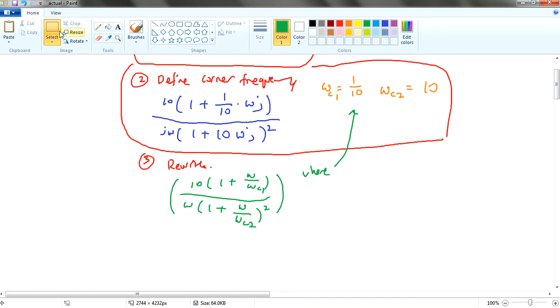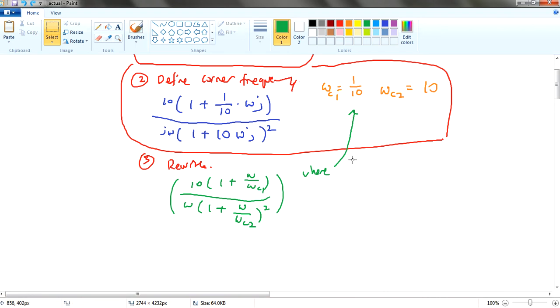Okay, so what I mean is that if I were to bring this 10 out and then this omega c1 down, I'll have 10 equals to 1 over omega c1, right? So in other words, 10 is equals to 1 over omega c1. So 1 over omega c1 is actually this term over here.